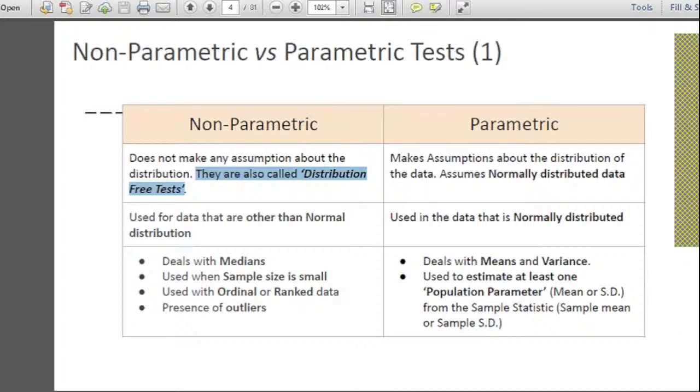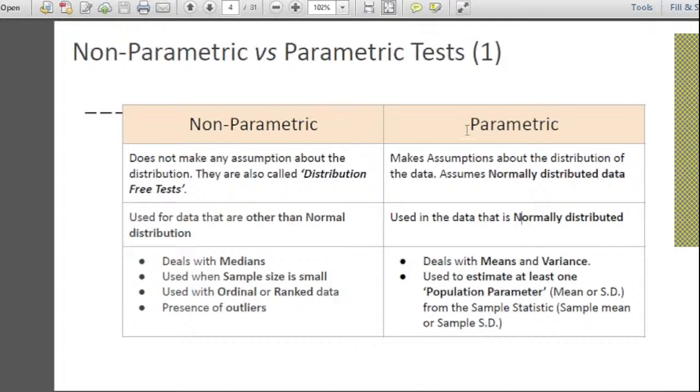Okay. Parametric tests are used on data that is normally distributed; non-parametric tests are used on data with other distributions. Same point, right? A parametric test deals with mean and variance. Very important, right? Population parameters. Remember the word? Population parameters. They deal with population parameters, population mean and population standard deviation.